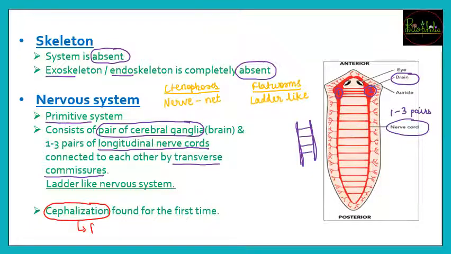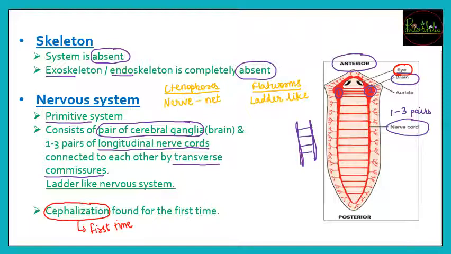So cephalization is going to be seen for the first time in the Platyhelminthes, and that is because of presence of eye spots. They will have eye spots, they will have a brain, and all that is going to be located or situated at the anterior end. So it is just like formation of head, like our head where there are sense organs and brain.